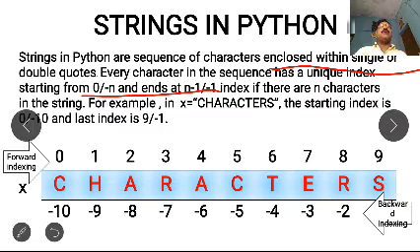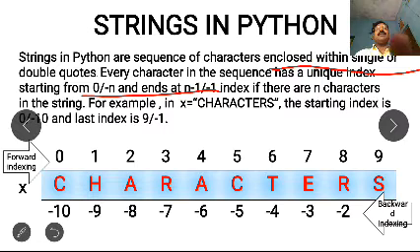Every character in the sequence has a unique index starting from 0 or -n, and ending at n-1 or -1. If there are n characters in the string, for example, in the given string, the starting index is 0 and the last index is 9 or -1.